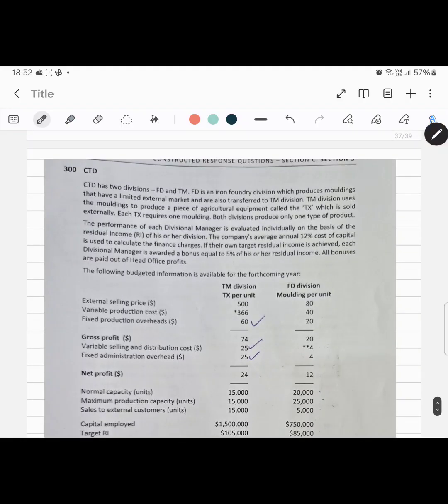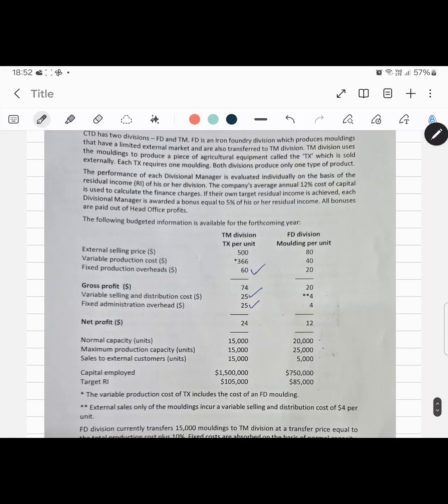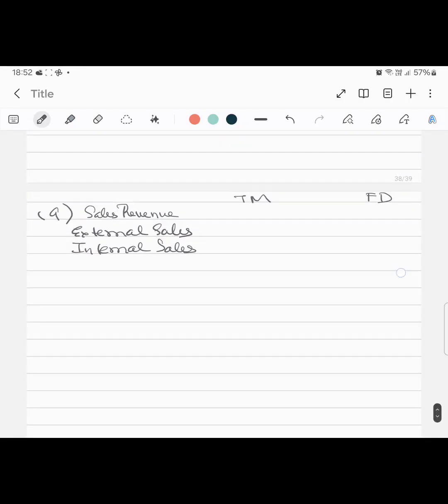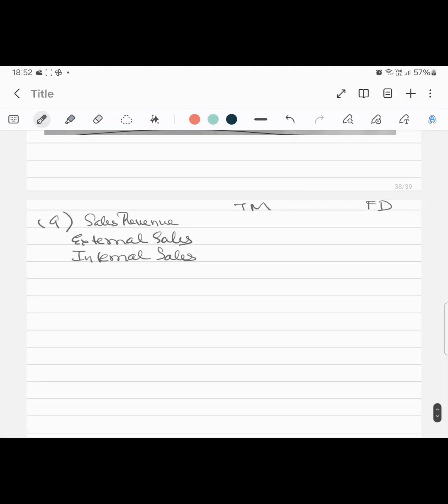External sales: TM has made external sales of 500, and the maximum capacity of the external sales is 15,000, so 500 into 15,000, it's 7,500.